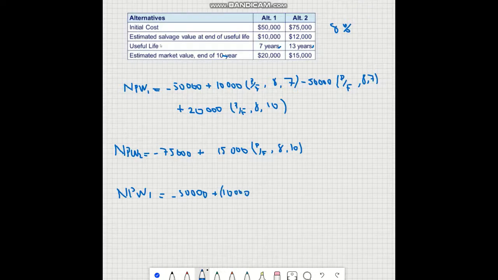Let's regroup this one, because the coefficient of these two is the same, so it's gonna be minus 50,000. And we need to multiply P over F 8, 7. We need to look at our table, and when you look, you are gonna see 0.5835 and 0.5825 as a coefficient of P over F 8 and 7.